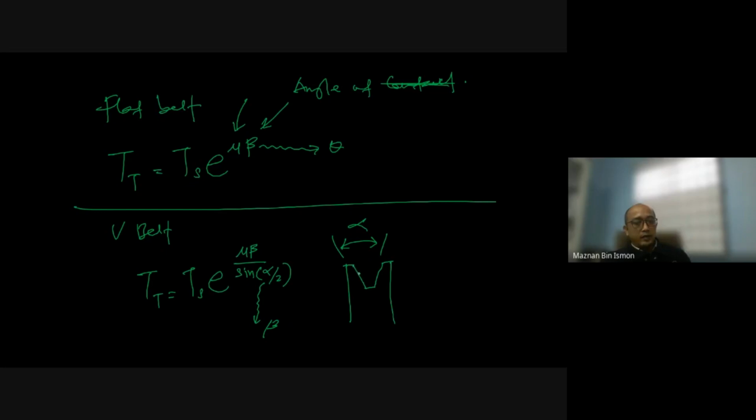Groove angle means the pulley has a groove, so the groove has a certain angle. So you take half of this, divided by 2. That one. So this is the important formula for solving problems related to belting systems.